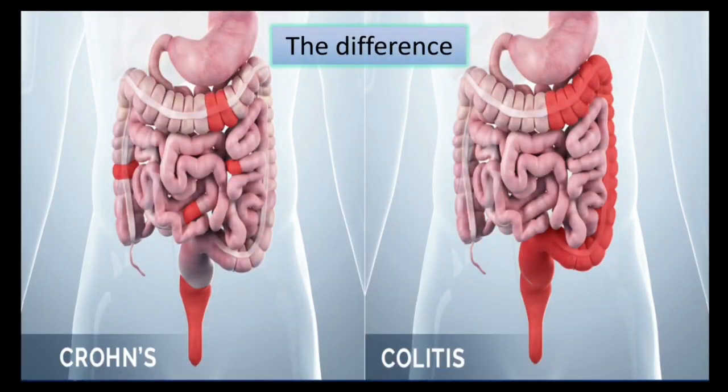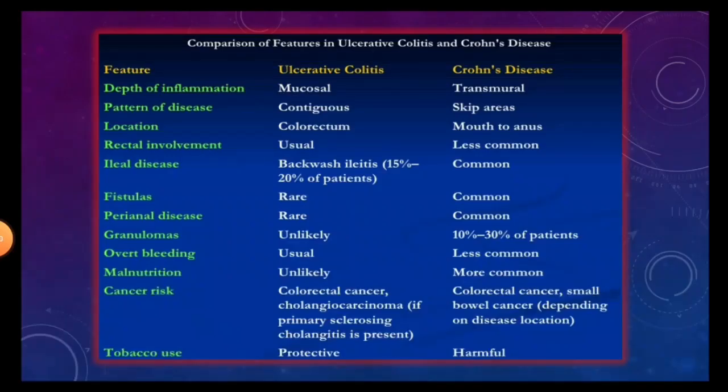Now, the difference between Crohn's and ulcerative colitis. Let's start with the depth of inflammation. In ulcerative colitis, we just have mucosal involvement, but in Crohn's disease, we have transmural. The pattern of the disease in ulcerative colitis is contiguous, and in Crohn's disease there are skip areas.